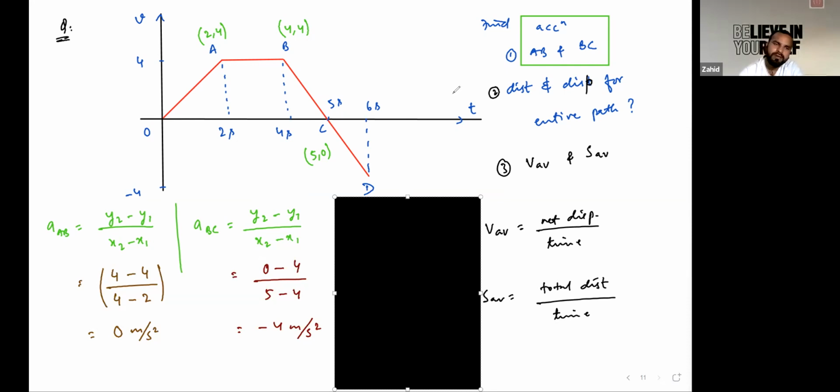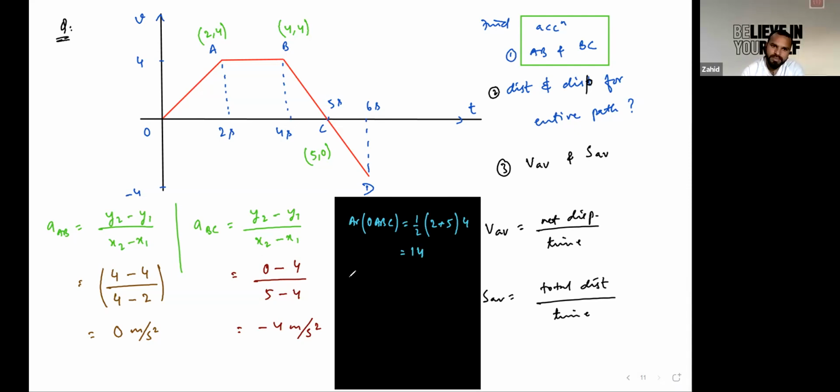Suppose we calculate the area of OABC, which is a trapezium. So area OABC equals half the sum of parallel sides. So it will be 2 plus 5, and the perpendicular separation between them is 4. So 7 into 2, it will be 14 meter.